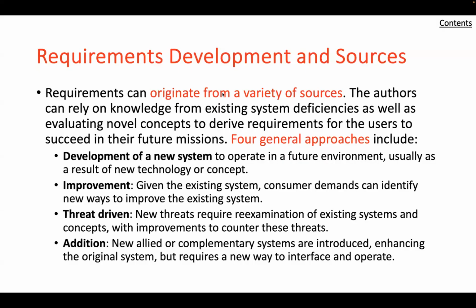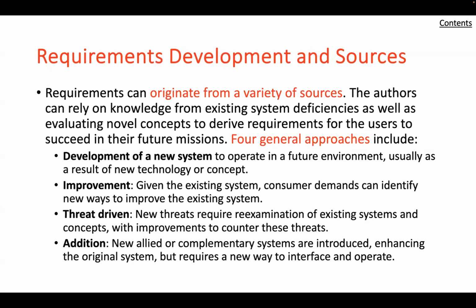Let's talk about requirements development and the sources that are used to make them. Requirements can originate from a variety of sources. The authors can rely on knowledge from existing system deficiencies, as well as evaluating novel concepts to derive requirements for the users to succeed in their future missions.